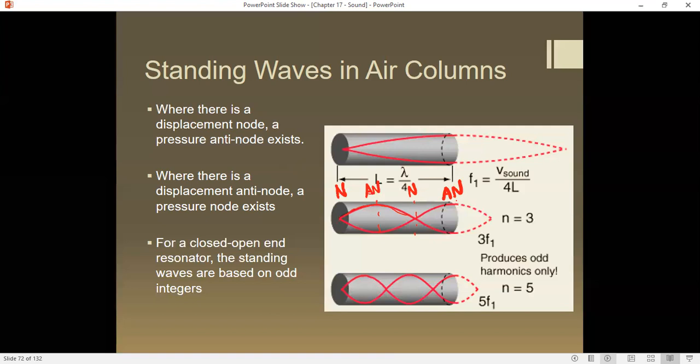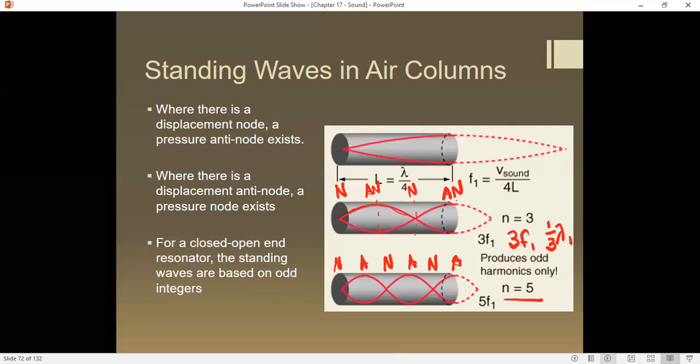This is 3 times the frequency of the fundamental, or 1/3 the wavelength of the fundamental. What happened to 2? We skipped 2. In fact, as we go to the 5th one, I can't stop until I reach an anti-node, so this one becomes 5 times the frequency.